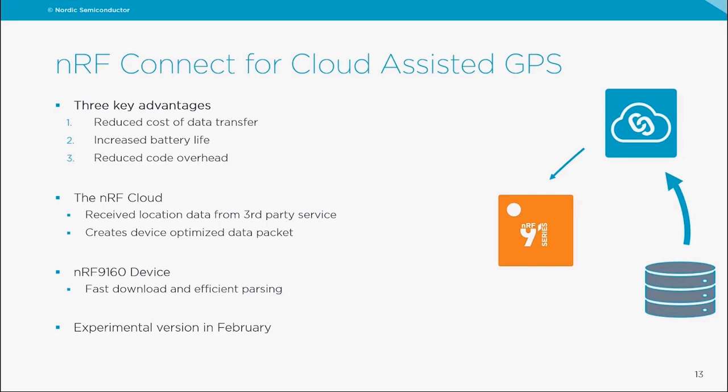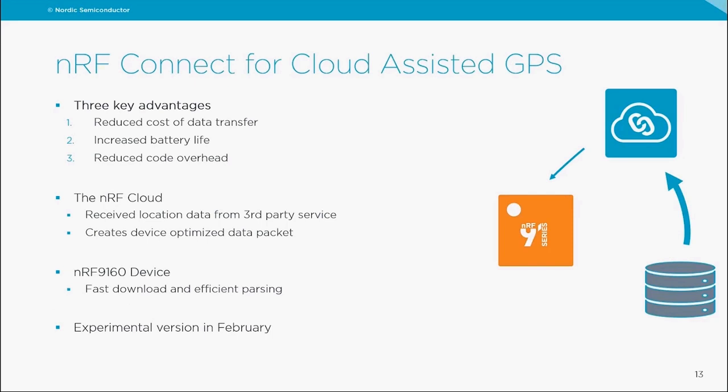More of the intelligence and processing is happening in the cloud. And since the cloud, in this case, is our nRF Cloud, the application there knows exactly what data the modem in the nRF9160 needs to be efficient. So it's an assistance feature, but it's really optimized compared to the standard SUPL.